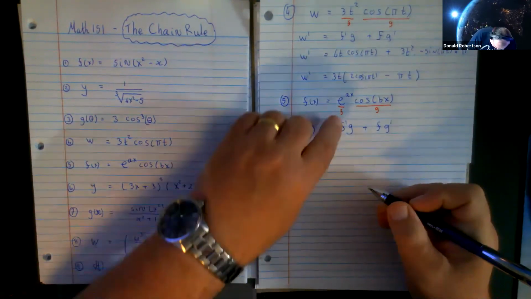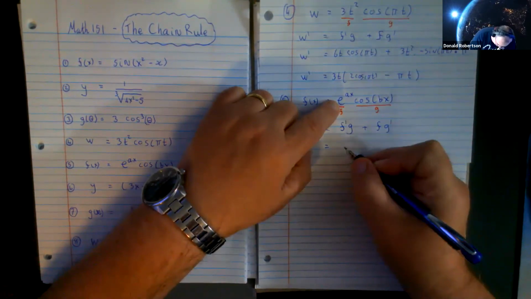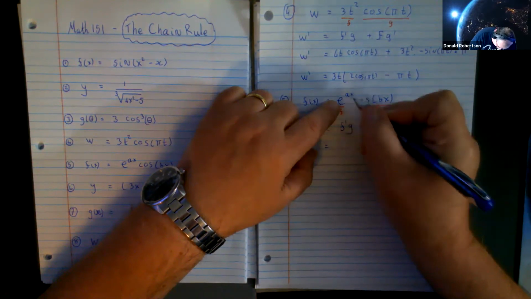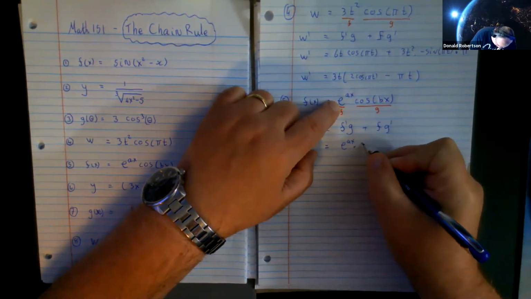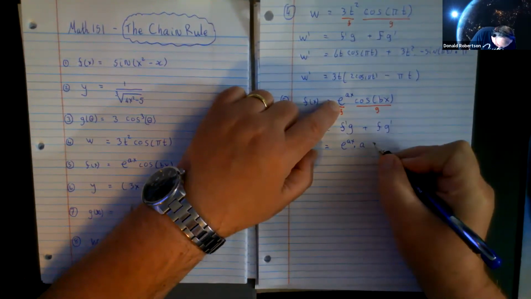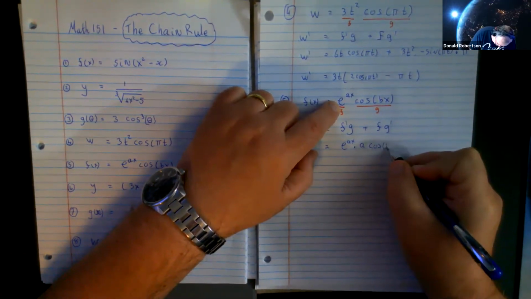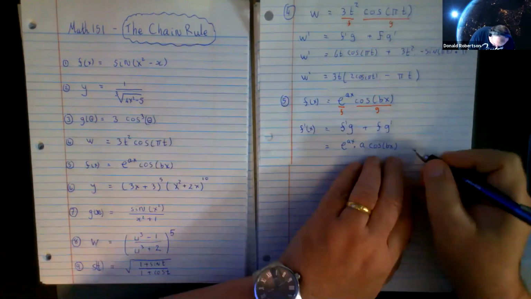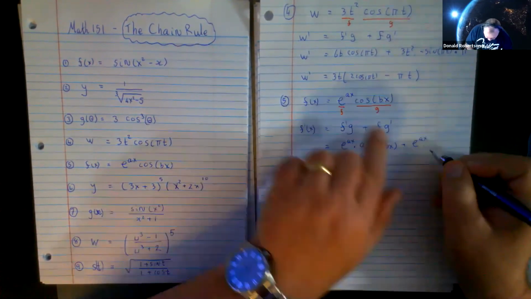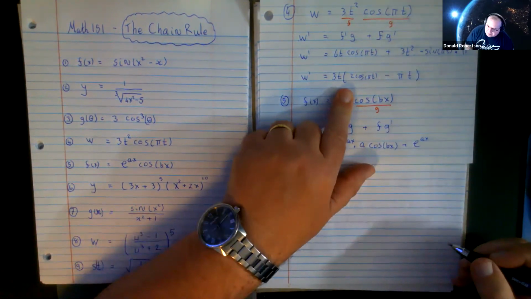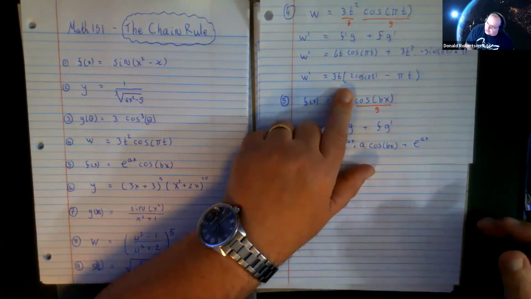Right, differentiate e to the ax. I think of that as e to the something. So you get e to the something times its derivative, and then leave the g alone. Leave the first guy alone. And the cosine of bx, because remember, x is a variable, b is just a constant.